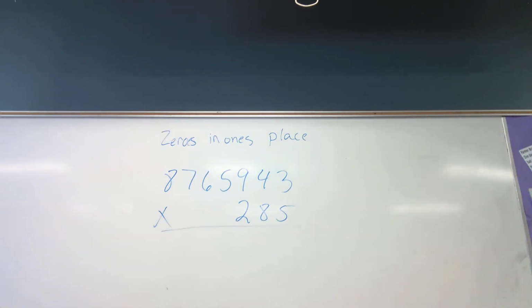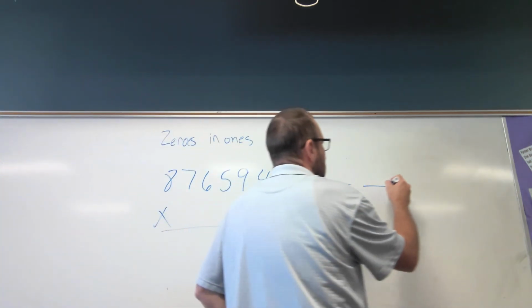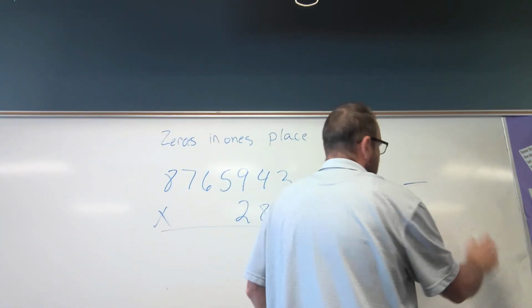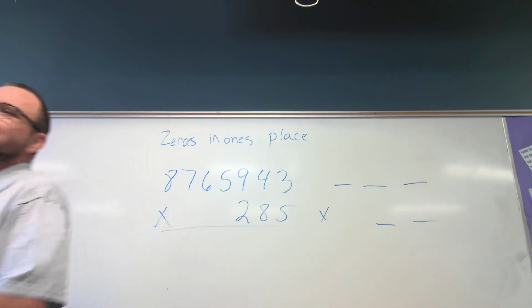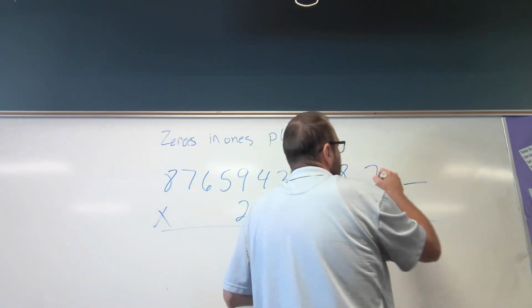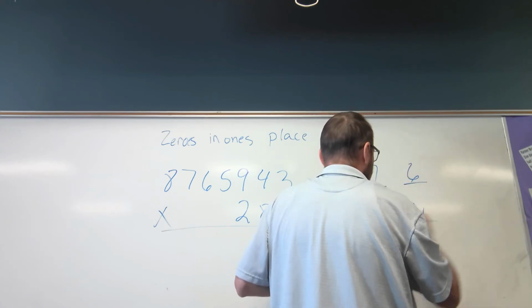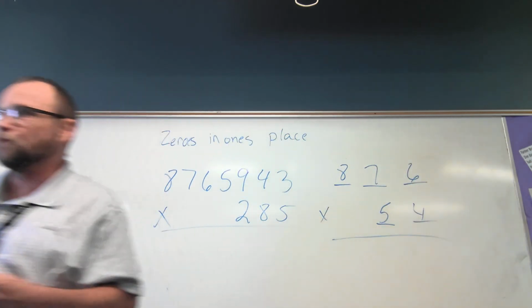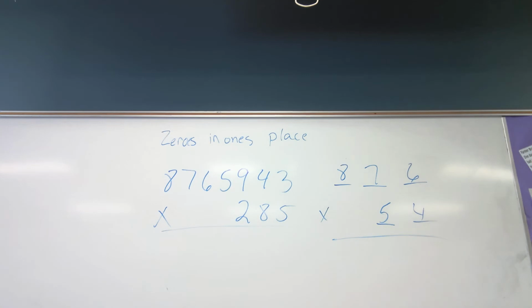The biggest you'll have to do this year is a 3-digit times a 2-digit number. And still, they're looking at me like I'm crazy. 3-digit times 2-digit. I'm crazy like it didn't make any sense. I don't understand. I'm still in that very problem.